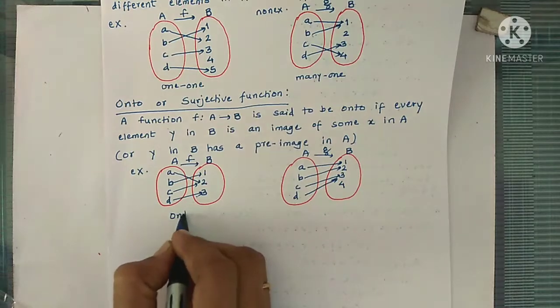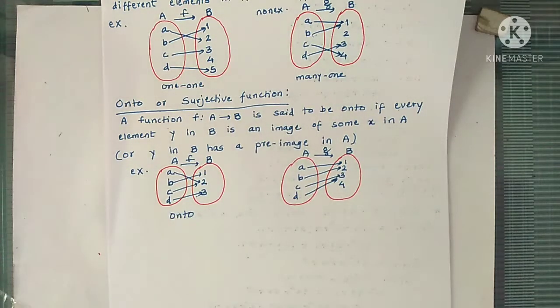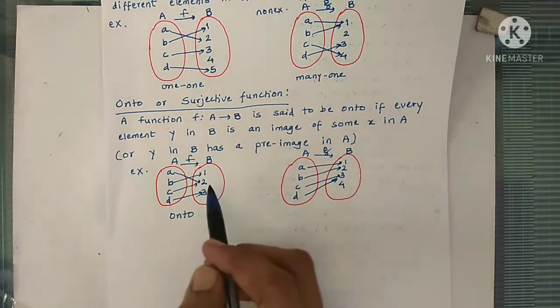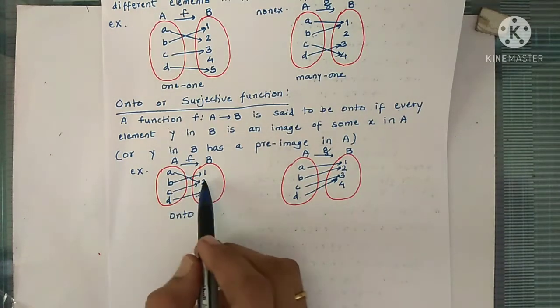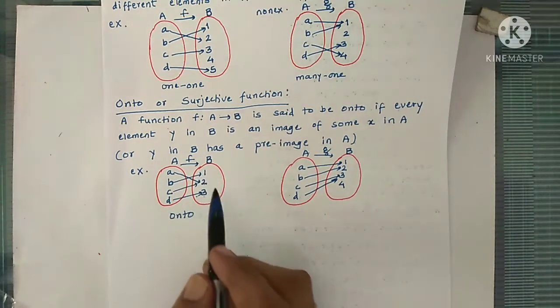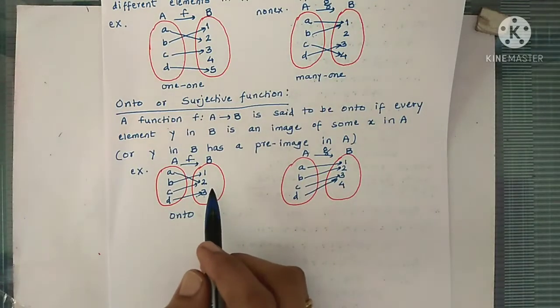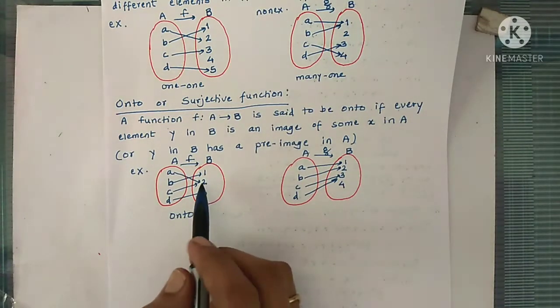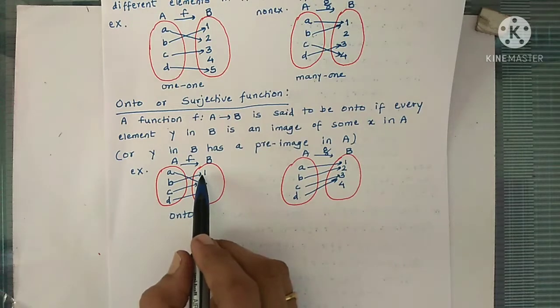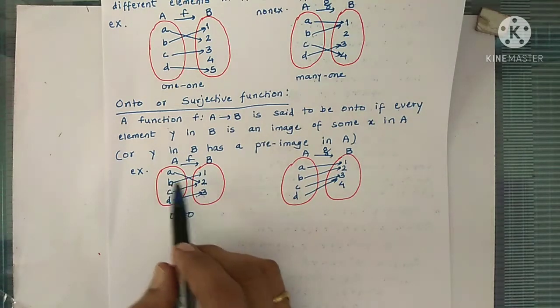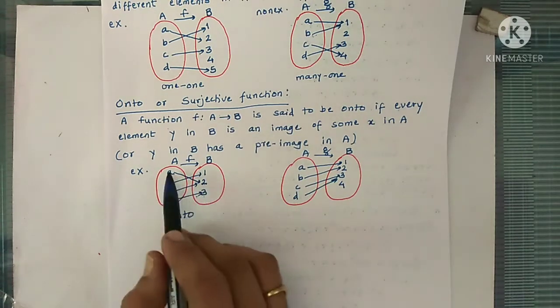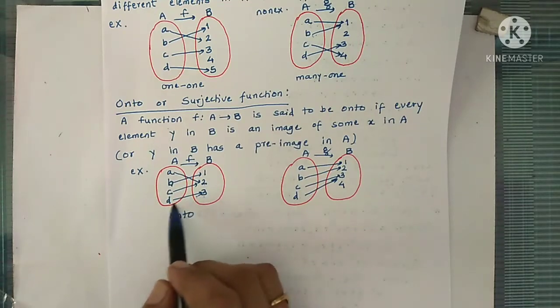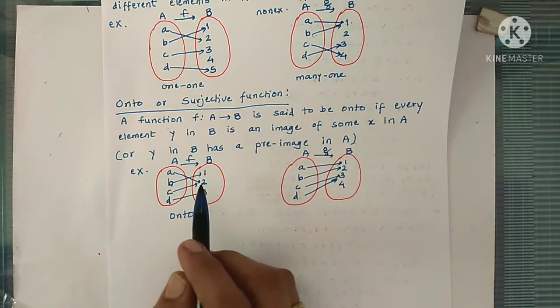That means if we define the function by an arrow diagram, then there should be an arrow to each element of set B. Or in other words, 1 has pre-image b, 2 has two pre-images a and c, and 3 has a pre-image d in set A.